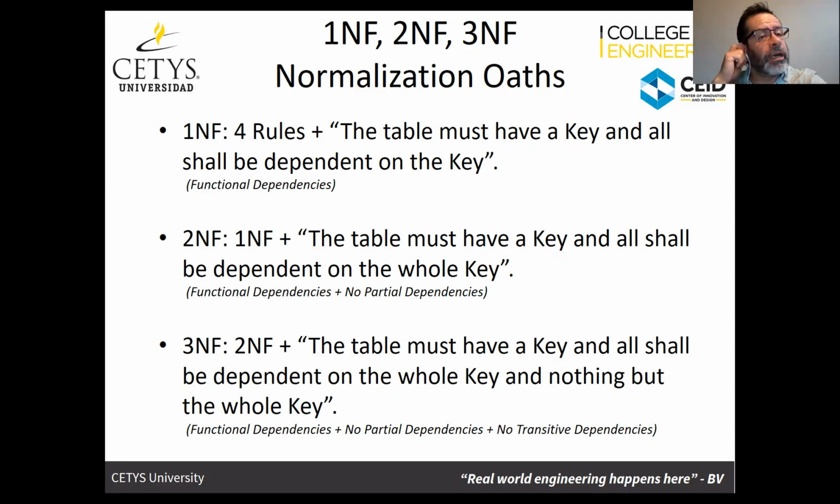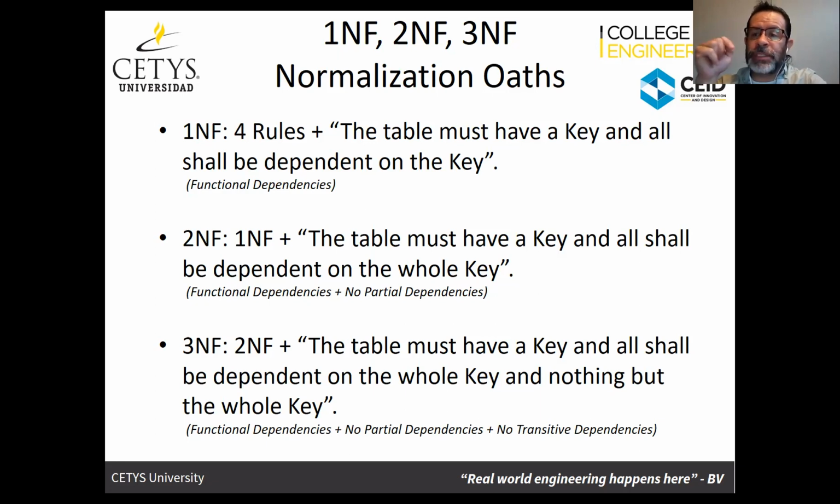Remember, the 4 rules are that all values have to be atomic, all of the values have to be of the same data type, the attributes or fields have to have unique and different names, and the columns and the data can be organized in any way. And there must be a key. So the first oath is the table must have a key, and all shall be dependent on that key.